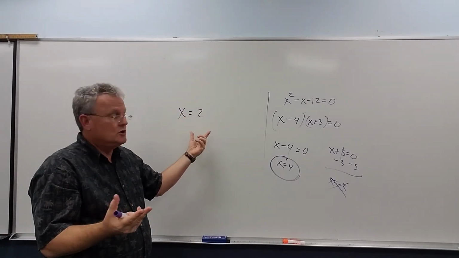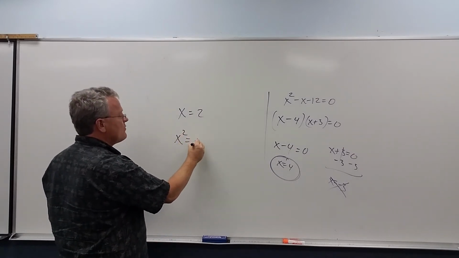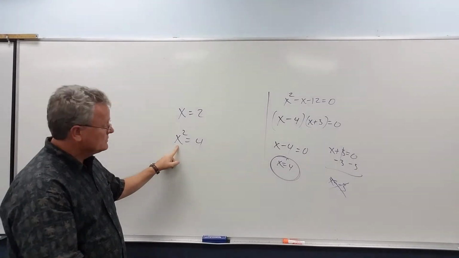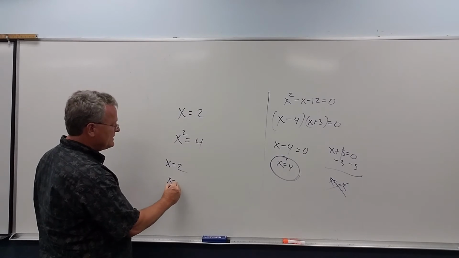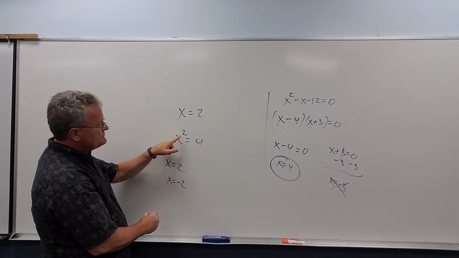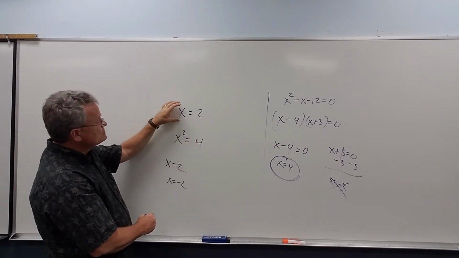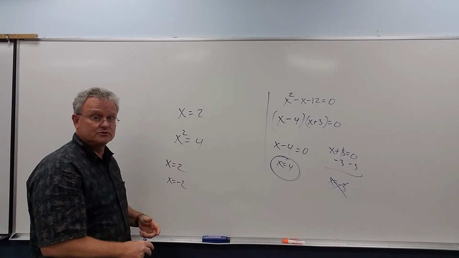Well, if I square both sides, I get x squared equals 4. And how many answers work here? There's 2. x could be 2, but x could also be negative 2 because negative 2 multiplied twice is positive 4.